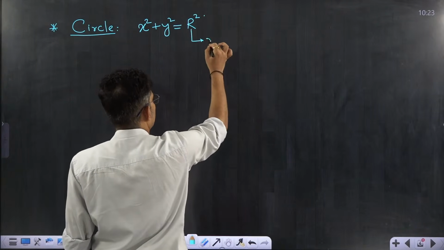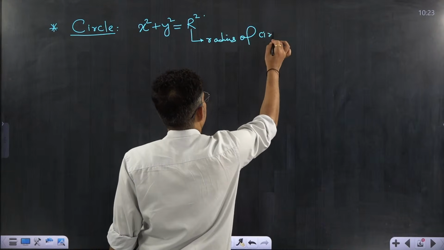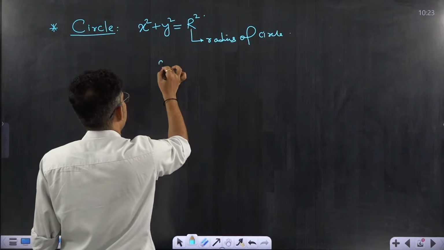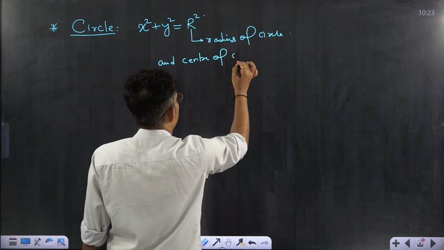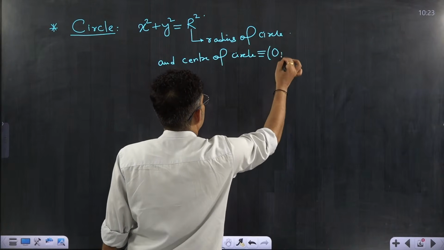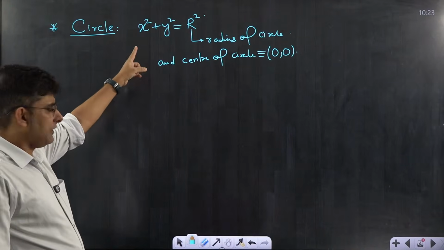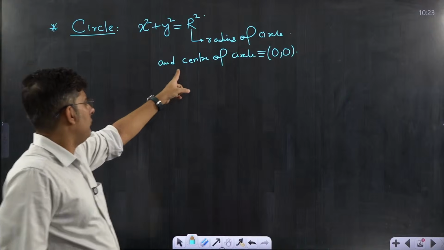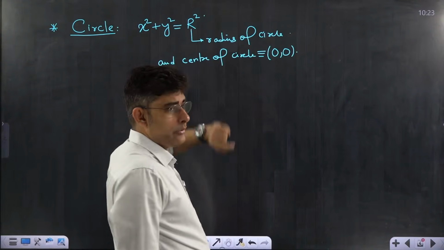Here r denotes the radius of the circle, and in this case the center of the circle is at the origin. So when we have the equation x square plus y square equals r square, we say this is a circle whose radius is capital R.